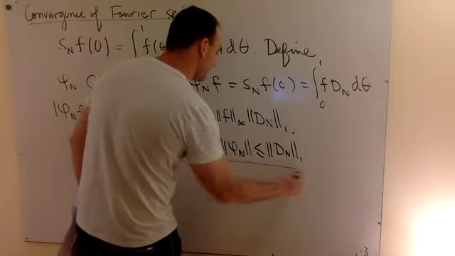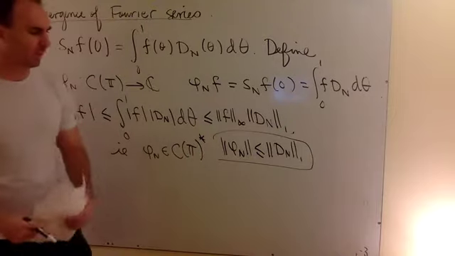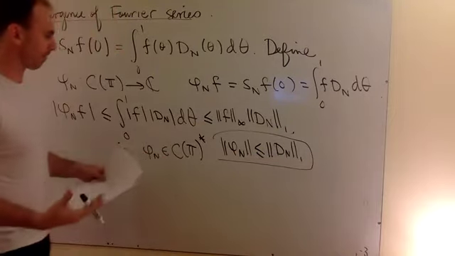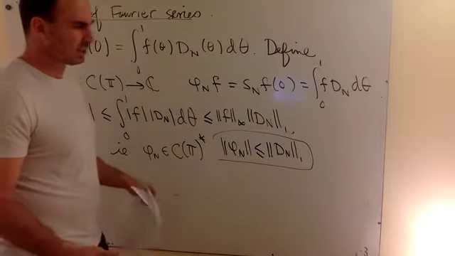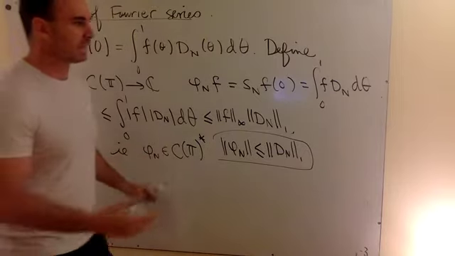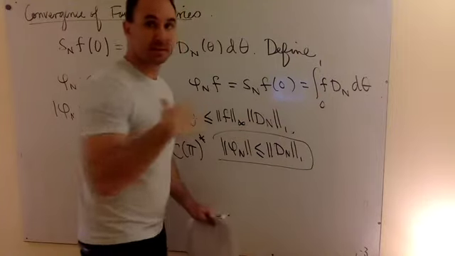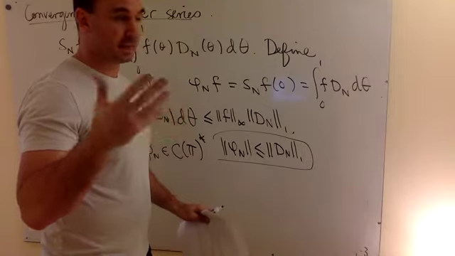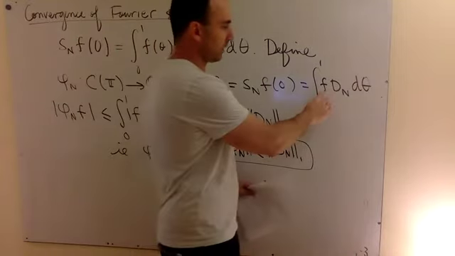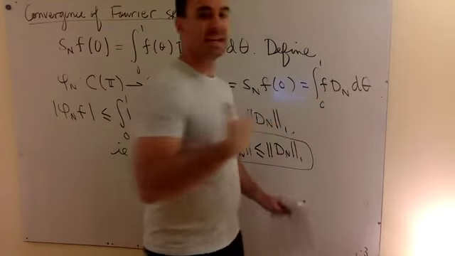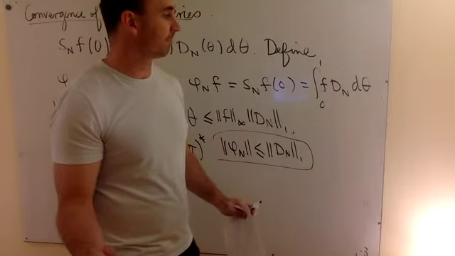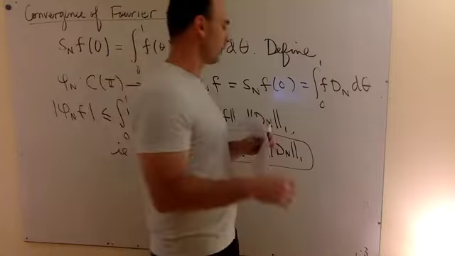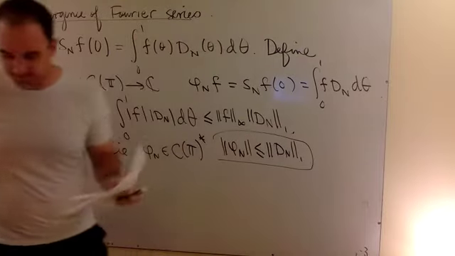Okay, so that's good. What we're actually going to do is get that it's equal to that. And to do that is actually not too bad. It would be really easy if we could just take f to be the signum of the Dirichlet kernel. So take f to be 1 where this is positive, negative 1 where it's negative. Unfortunately, that's not a continuous function. However, we can approximate by continuous functions.